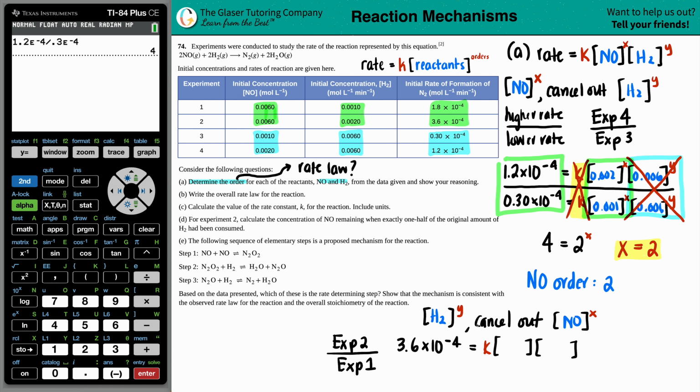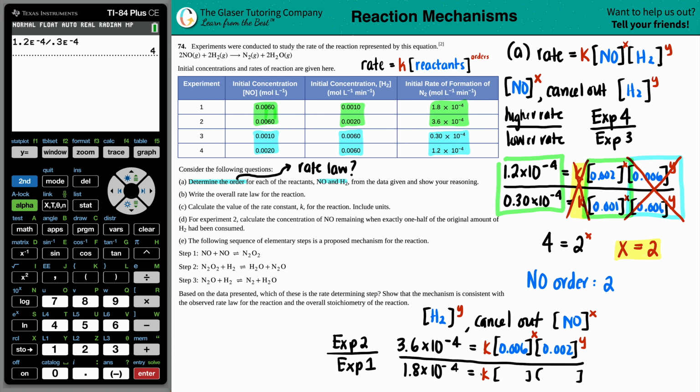So for experiment 2, it's 0.006 and then 0.002. This one is raised to the x and this one is raised to the y. All divided by experiment 1. So 1.8 times 10 to the negative 4th equals the rate constant. We still have no idea what it is, but that's okay. Times the 2 concentrations.